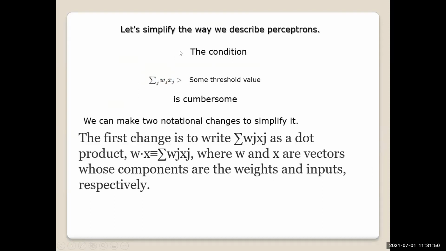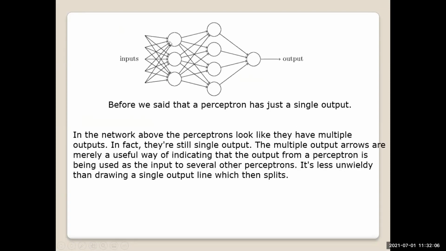Okay, let's simplify the way we describe perceptrons. So here's the threshold. This is the input, right? Remember we said, how do we get an input to here? We take all of these and multiply them times the weight. The line that goes into here has a weight.